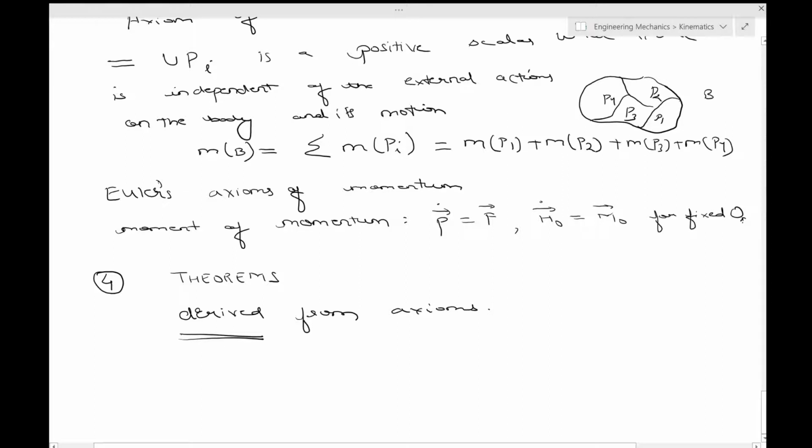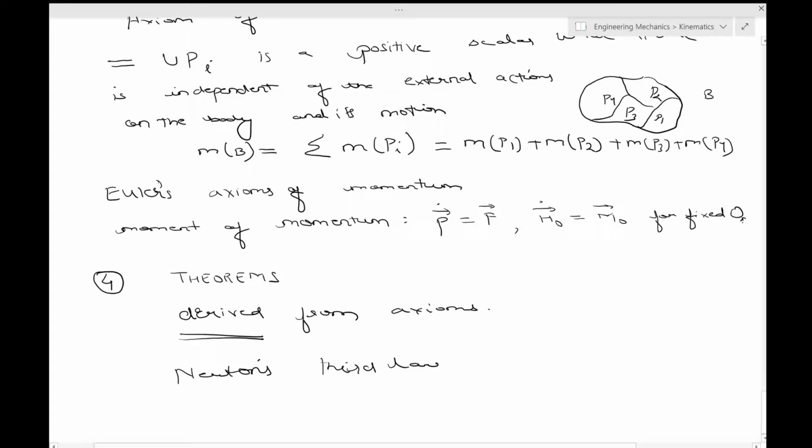So say Newton's third law is a theorem which is derived from the axioms of force, which you will see later on. Then you will have the impulse momentum and angular impulse momentum principles.